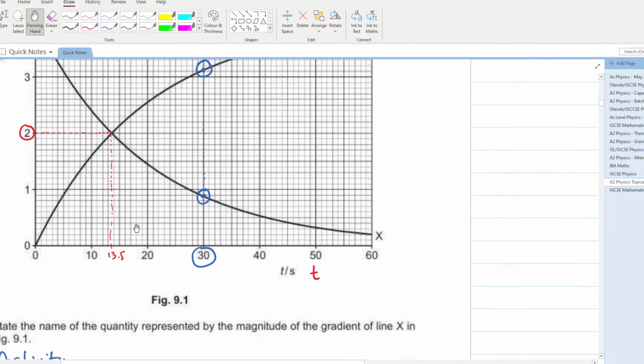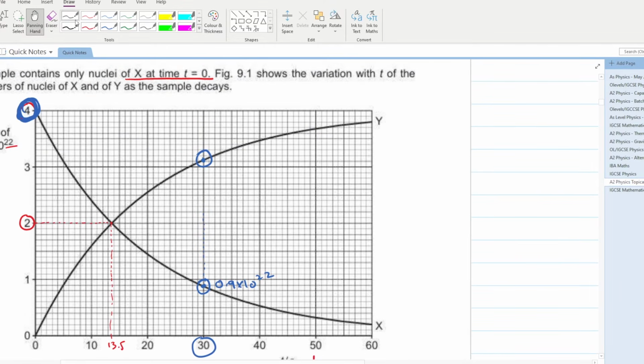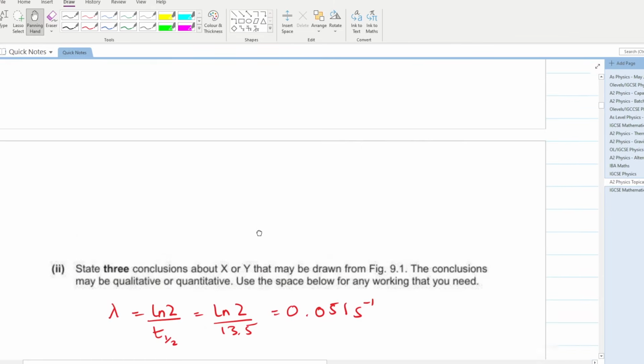So at time t equals 30, the number of isotopes of X is 0.9 into 10 raised to the power of 22. And at time t equals 30, the number of isotopes of Y is 3.1 into 10 raised to the power of 22. Add these two up. You will get the same value, that is 4 into 10 raised to the power of 22. So the number of isotopes remains the same throughout.